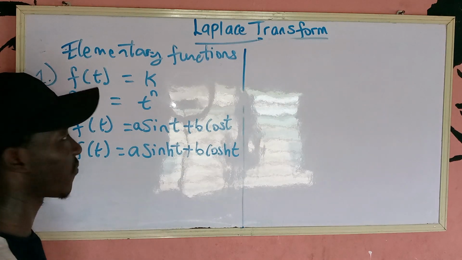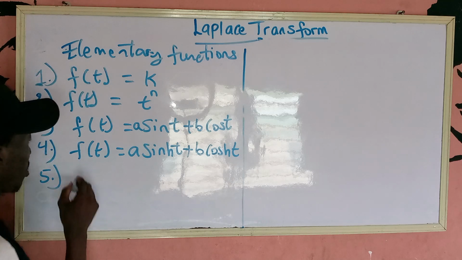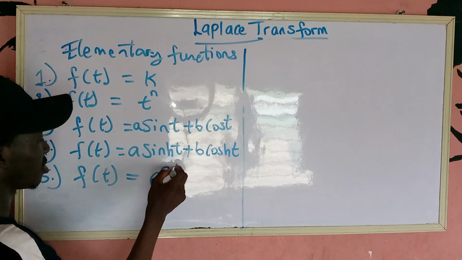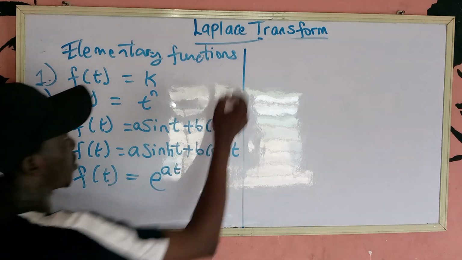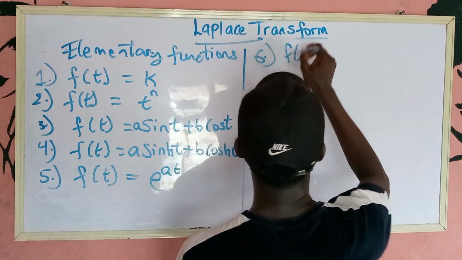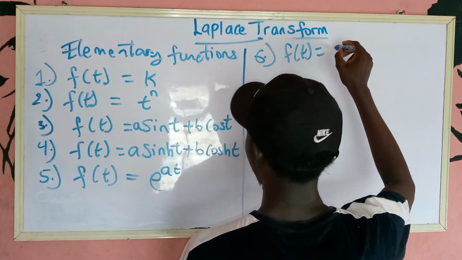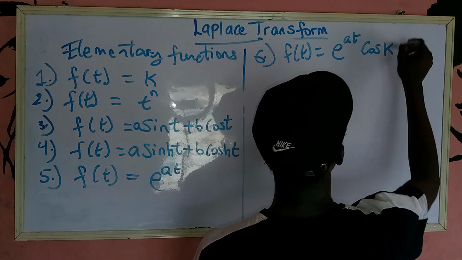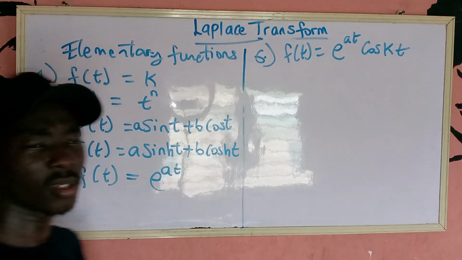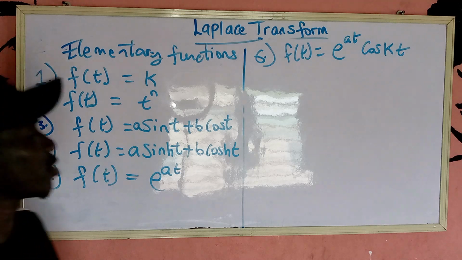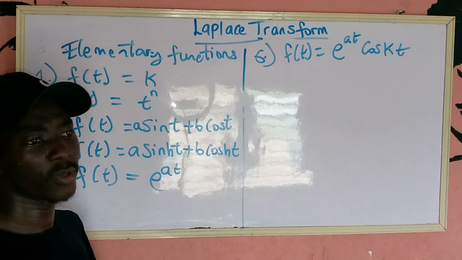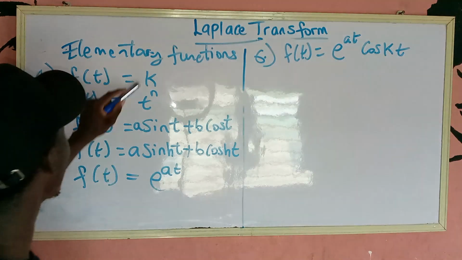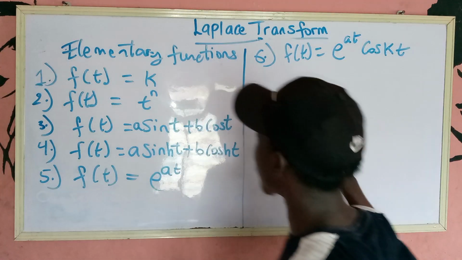You can have a lot of different types of functions. You can also have exponential functions, let's say e raised to power at, for example. You can also have another type of function, let's say e raised to power at cos kt, and so on. Different functions you can have, where you can transform it regarding the differential equation I'm dealing with. So I'll start with the first one, which is very, very easy.